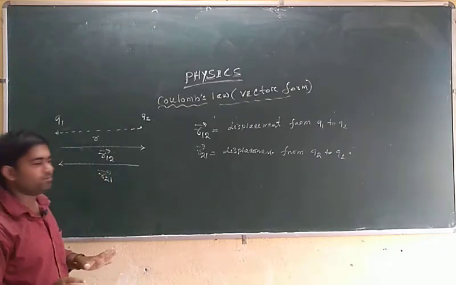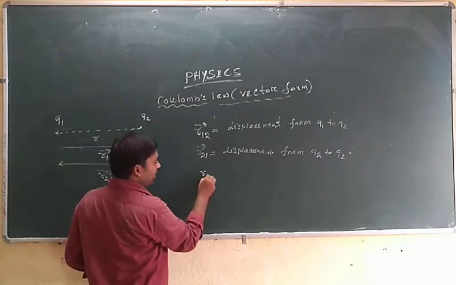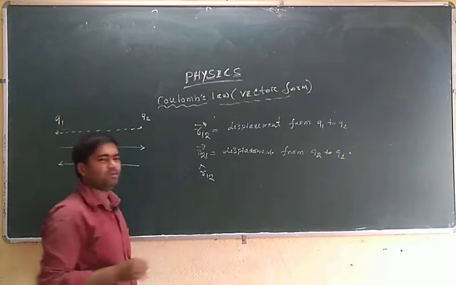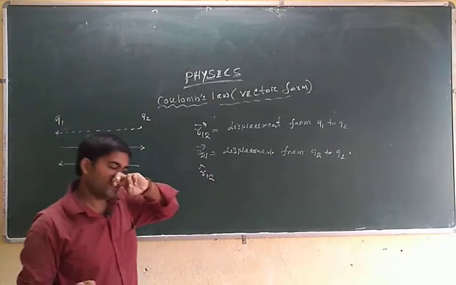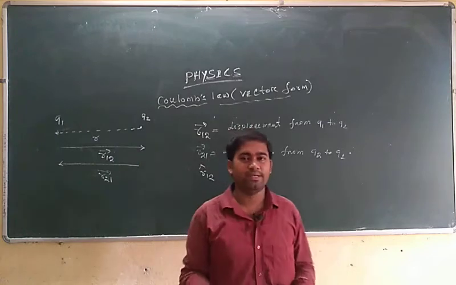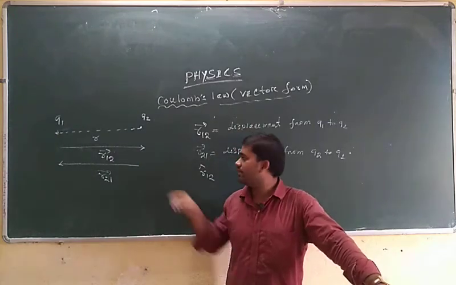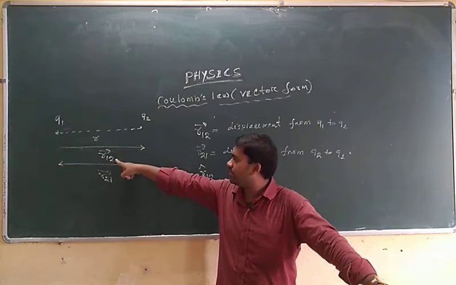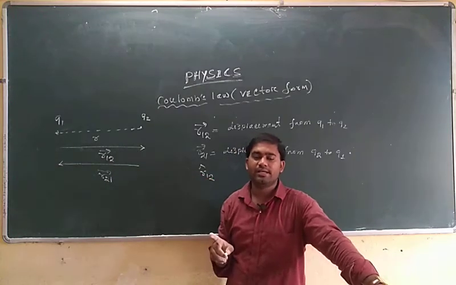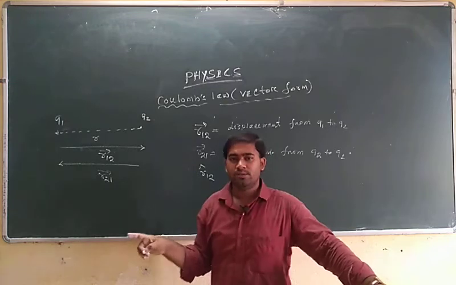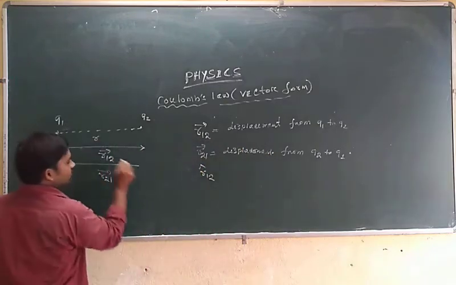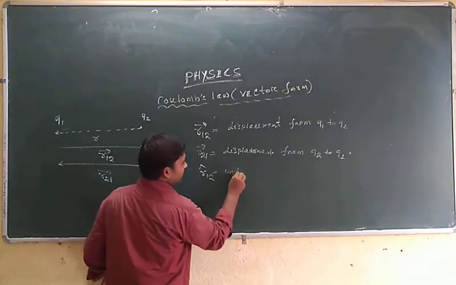Now come to the unit vector R12 cap. A unit vector is always directed along the direction of a vector. When we take the vector R12, the unit vector is directed along that vector.